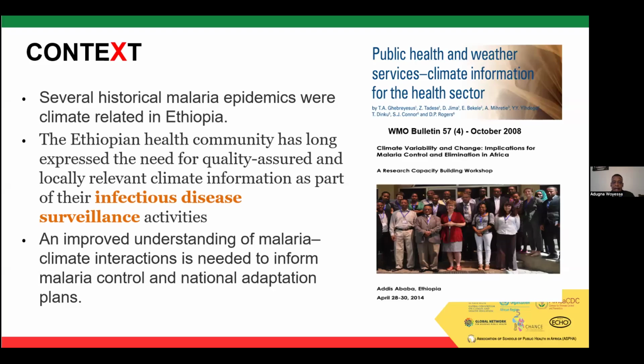And we had a small team that came together during 2008, in which we created the Climate and Health Working Group, established in February 2008, and generated a publication, Public Health and Weather Services, Climate Information for the Health Sector. This was authored by the current Director General of WHO and the team in Ethiopia and USAID and other partners.